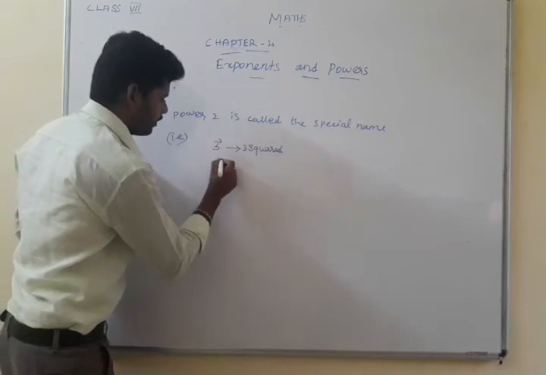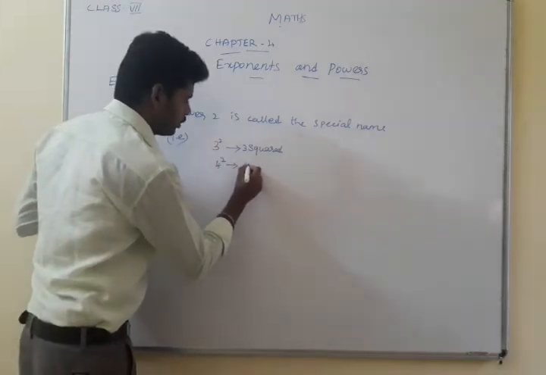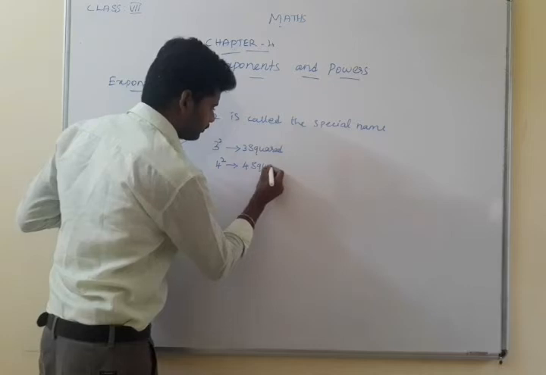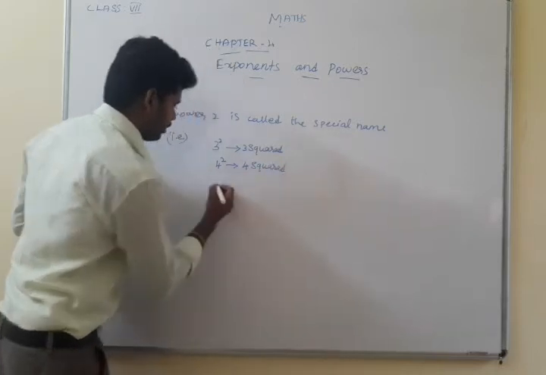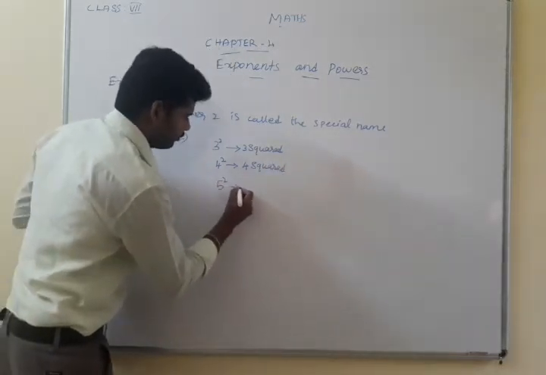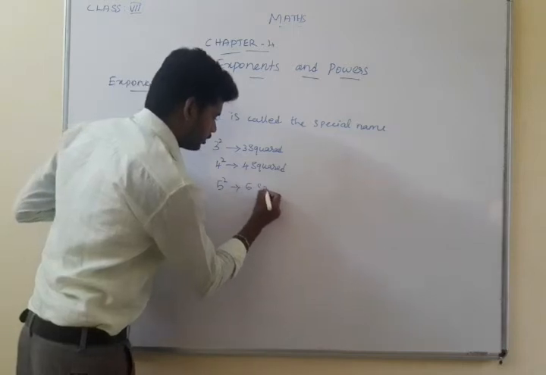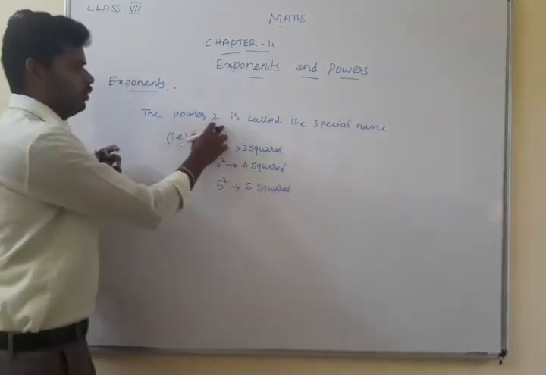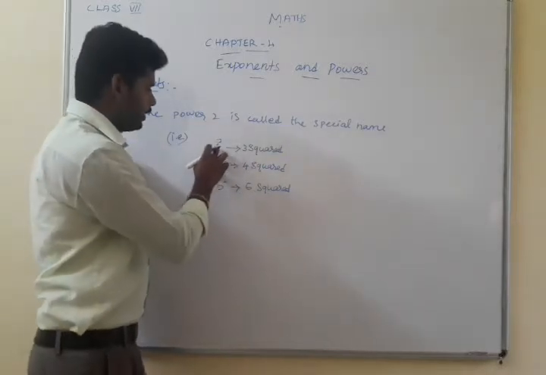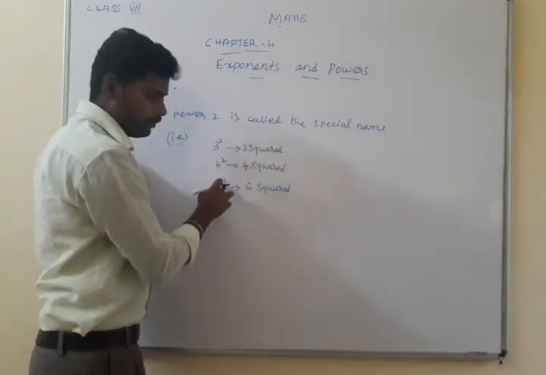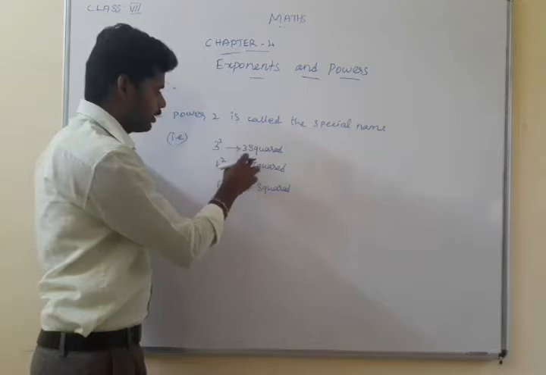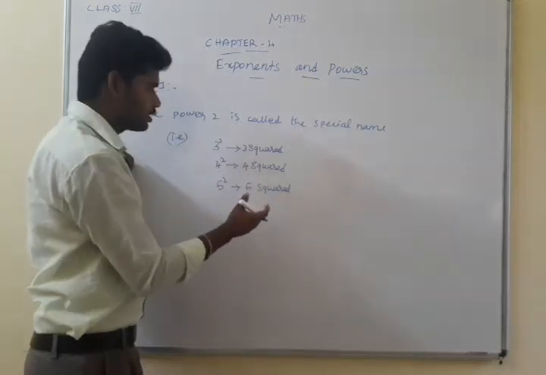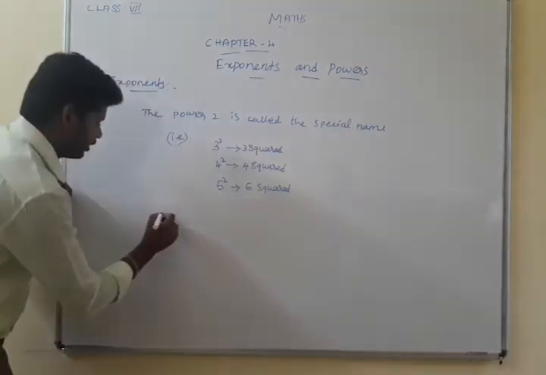Next, 4 power 2 is 4 square, 5 power 2 is 5 square. So power 2 has a special name: 3 power 2, 4 power 2, 5 power 2 are 3 square, 4 square, 5 square. Similar for power 3.